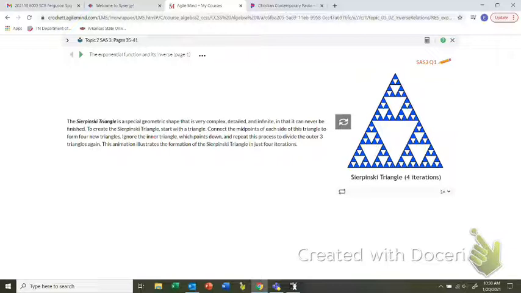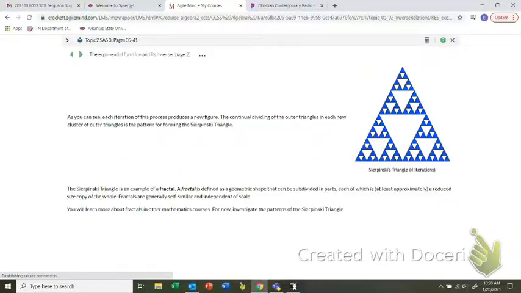However, we know it's infinite, so it just keeps going and going. Now, keep in mind, it says repeat this process to divide the outer 3 triangles again. Remember that: outer 3 triangles again.